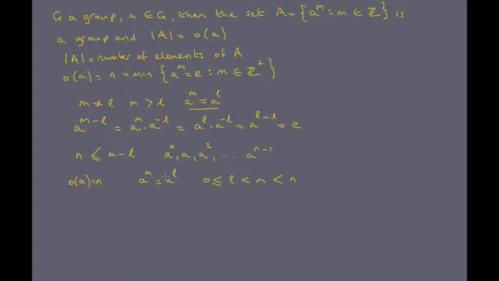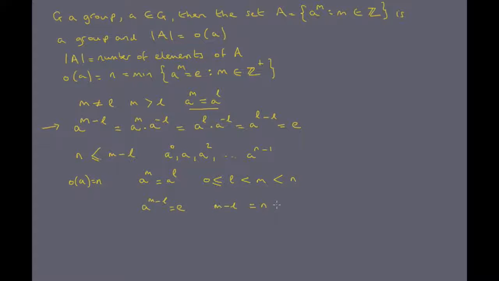Well, if a to the m equals a to the l, then a to the m minus l equals the identity, which means that m minus l, which is not equal to n, which is less than n, is the order of a.